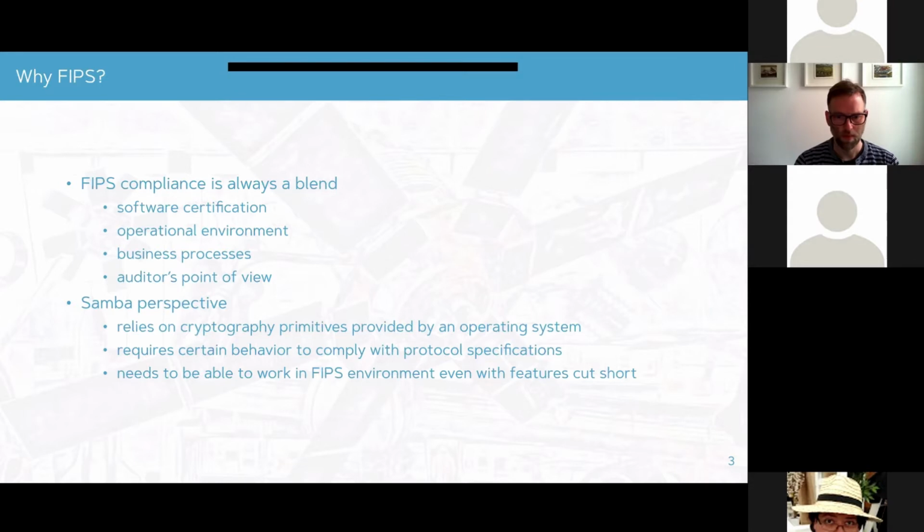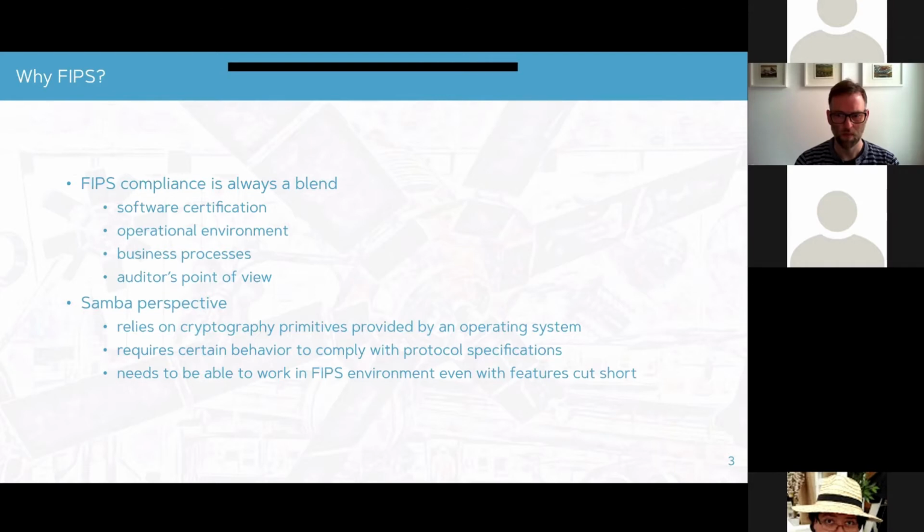And from the Samba perspective, we tend to use the cryptography primitives provided by the operating system we run on. But we also have certain behaviors that are defined by the protocol specifications that we try to implement. And we just need to be able to at least start in this FIPS environment, even if certain features would be cut short.